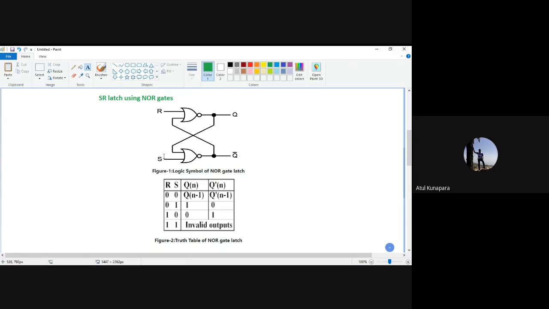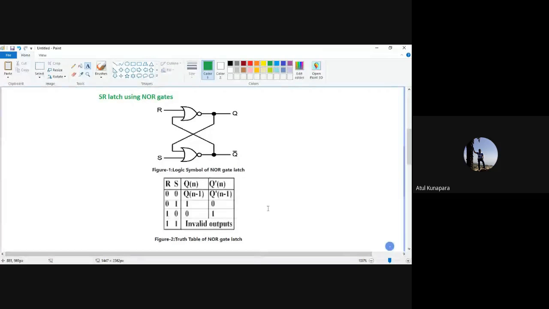Here, how is this going to work? Understand this, that is a more important thing for you. Look at the table here. This is the truth table for the SR latch using NOR logic gates. Initially, let us say we are setting our inputs R and S to be 0, 0.